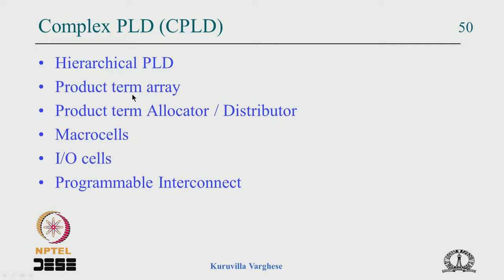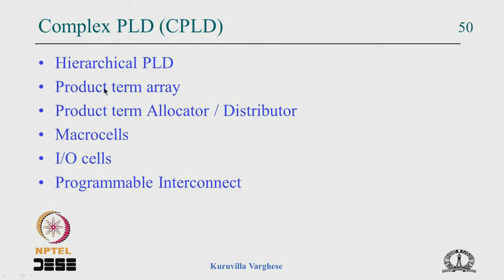These are small numbers, say 5 product terms, but there are ways to expand it, we will see that. And the macro cell is nothing but a flip flop with bypass and choice of the clock lines, choice of set and preset, choice of clock enable and so on.